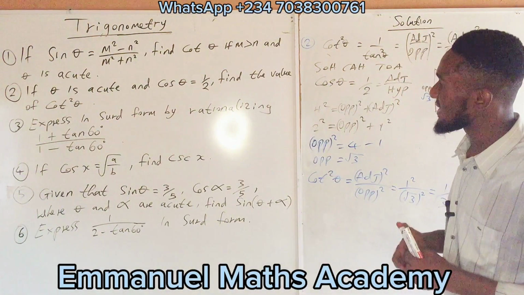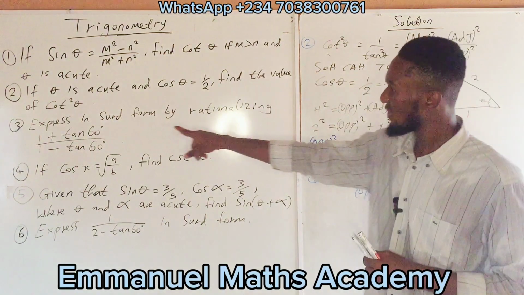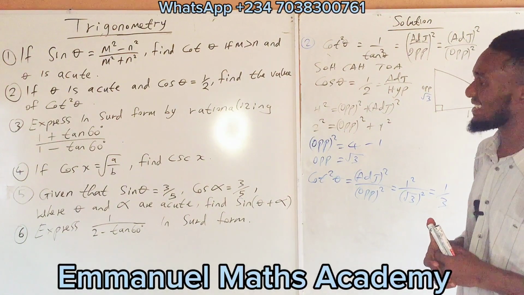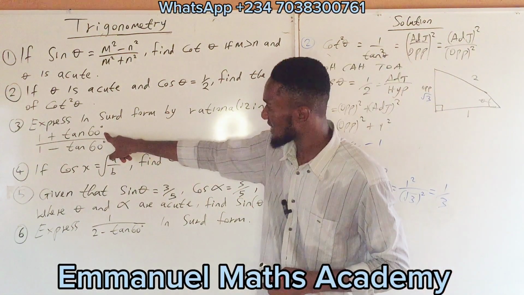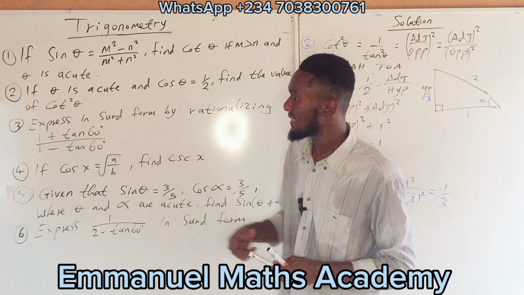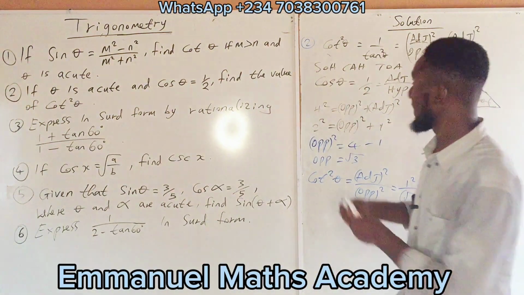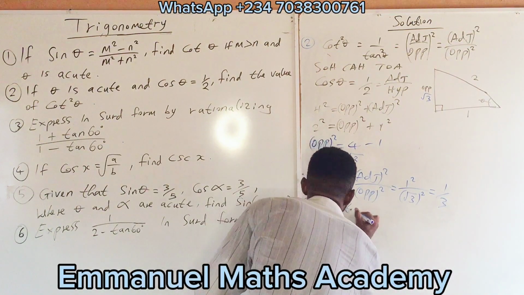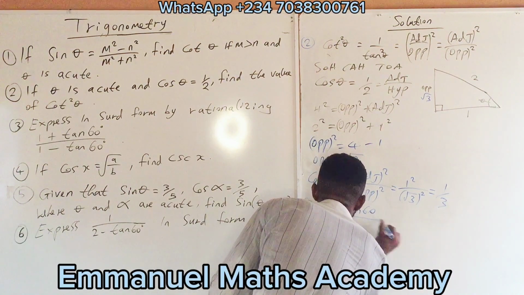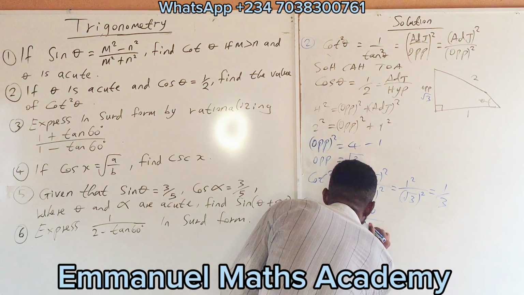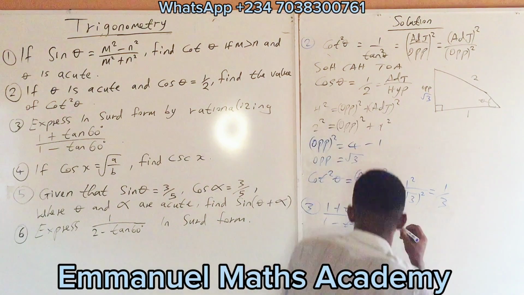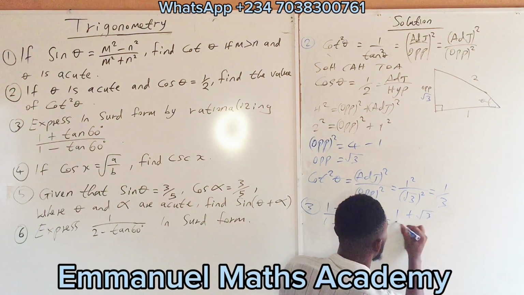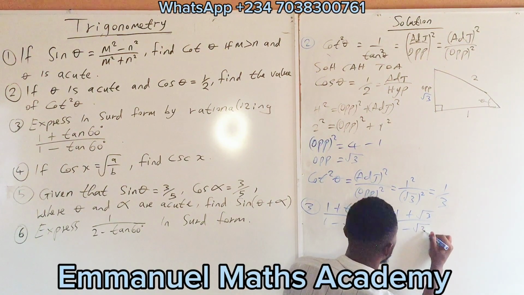Now, the third question says, express in short form by rationalizing, 1 plus tan 60 degrees over 1 minus tan 60 degrees. Right? In our special angle, what is tan 60 degrees? Tan 60 degrees is root 3. Question 3. 1 plus tan 60 degrees over 1 minus tan 60 degrees is equal to 1 plus root 3 over 1 minus root 3.